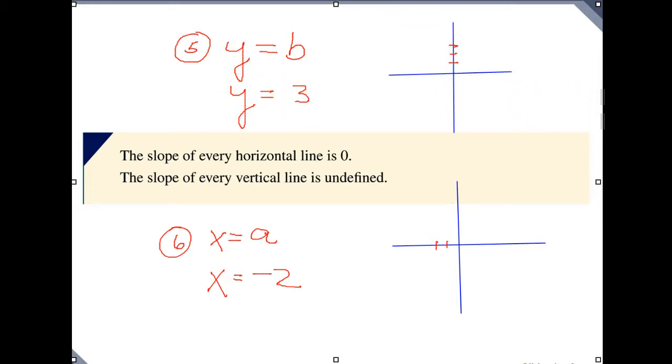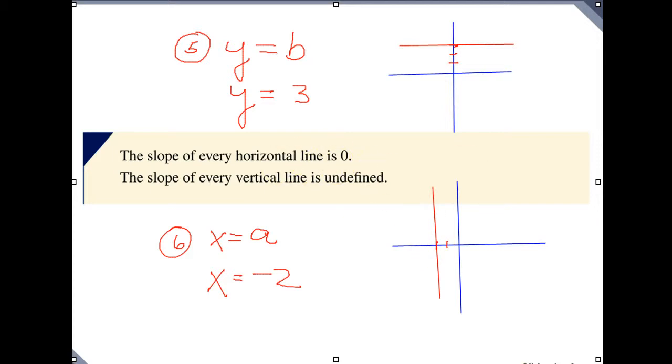Well, when we go to do that, this is going to be a horizontal line through 3, its y-intercept. And going on to this one for a moment, x equals a, that was the x-intercept. That's going to be a vertical line going through -2. Again, it's the x-intercept.